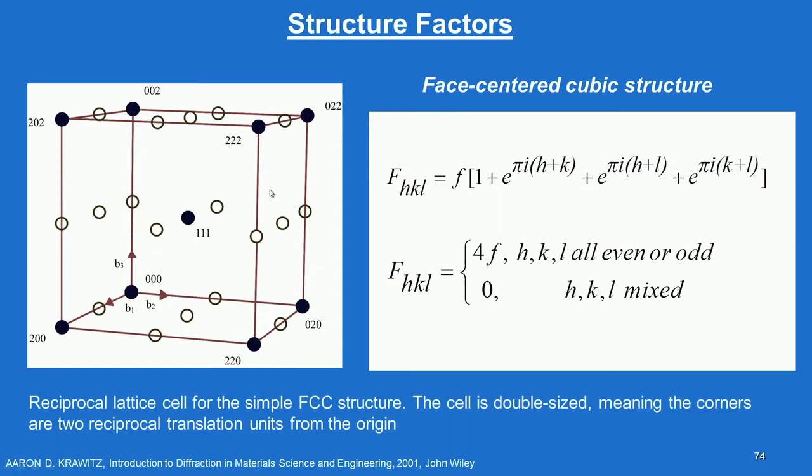So, other positions are forbidden. So, what you can now appreciate is the reciprocal unit cell for an FCC lattice, actually of a BCC lattice, and it is the same thing we have seen before. It is the other way around. For a real BCC lattice, the reciprocal lattice is an FCC unit cell. So, that is clearly appreciated here.